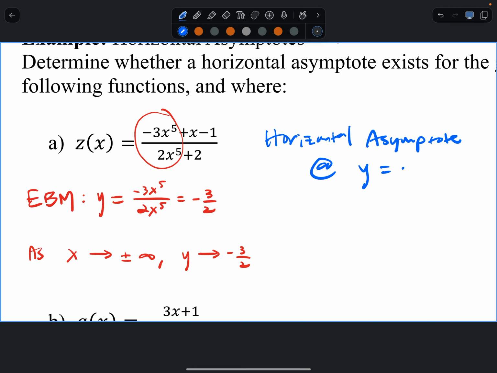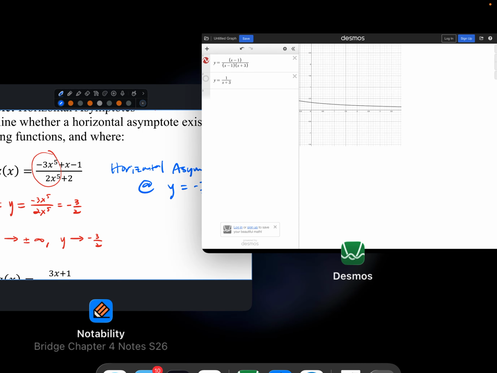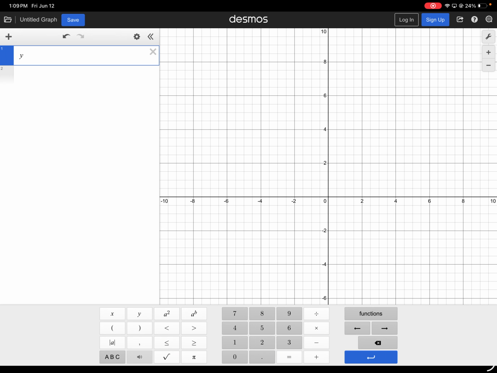Now, if we go back over here, if I graph the function that we were just looking at, you can see if I graph y equals 3x, we can see how the end behavior is similar.